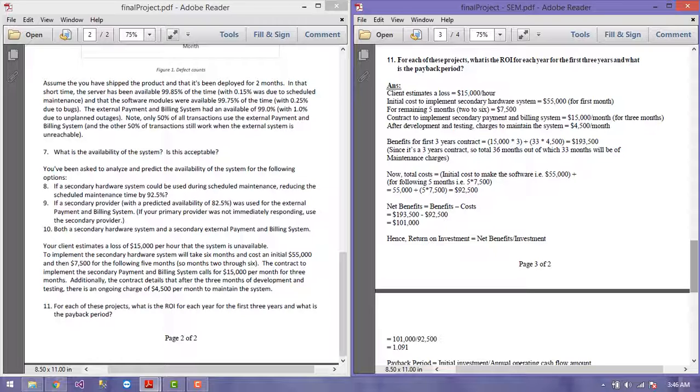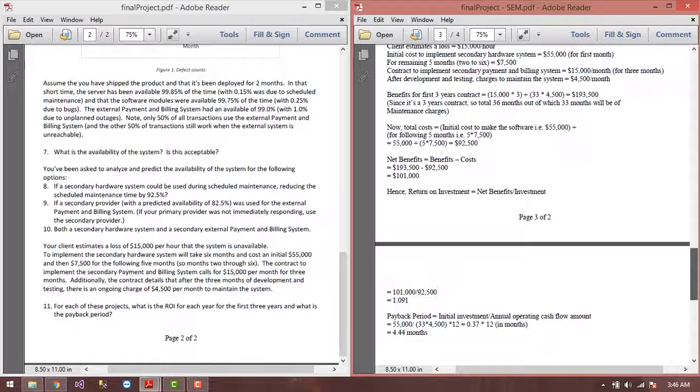The initial cost to implement the secondary hardware system was $55,000 for the first month, and for the remaining 5 months, from 2 to 6, it was $7,500. Then the contract to implement the secondary payment and billing system was $15,000 per month for 3 months, and after the development and testing, charges to maintain the system was $4,500 per month.